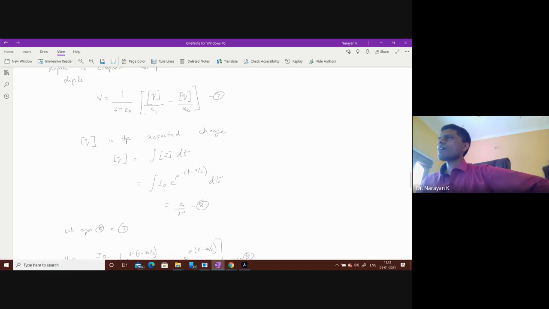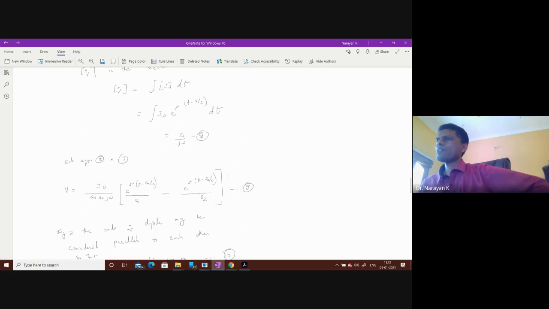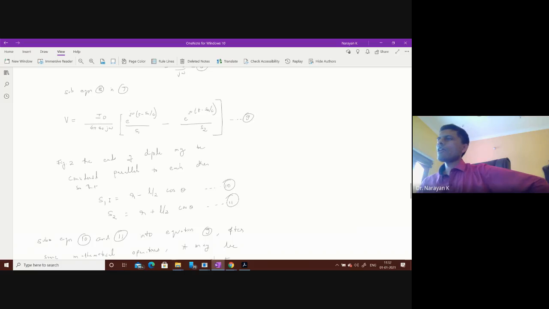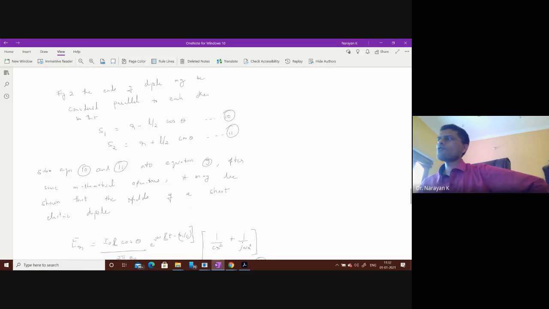This is also retarded charge. So retarded charge q is nothing but integration of I dt. Retarded current I expanded is I naught e raised to the power j omega (t minus s by c). That is nothing but I naught divided by j omega after integration. Substitute in equation 7, you get like this. Then S1 is R minus L by 2 cos theta and S2 is R plus L by 2 cos theta.